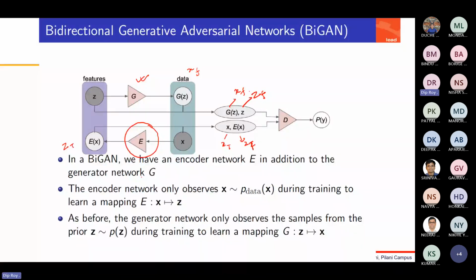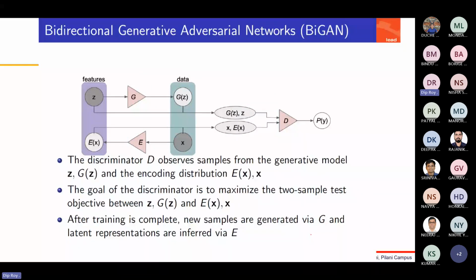Okay, so let's go through what is written here. In a BiGAN, we have an encoder network E in addition to the generator network G. The encoder network only observes X belonging to P data of X during training to learn a mapping from X to Z. As before, the generator network only observes samples from the prior during training to learn the mapping from Z to X. So the discriminator D observes samples from the generative model, that is Z and G of Z, and the encoding distribution E of X and X. The goal of the discriminator is to maximize the two sample test between both of these.